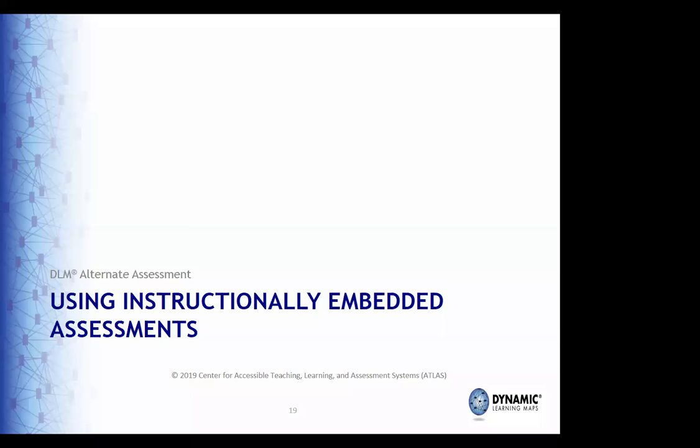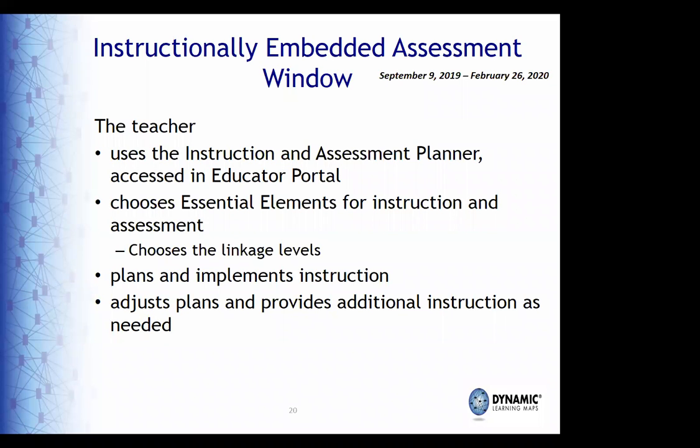Using instructionally embedded assessments. So the window is open. It closes February 26th. The teacher uses the instruction and assessment planner, which is located in Educator portal for this. The teacher is going to choose the essential elements for instruction and assessment, and choose the linkage level. Next, you'd plan and implement the instruction, and the teacher would adjust plans and provide additional instruction as needed.